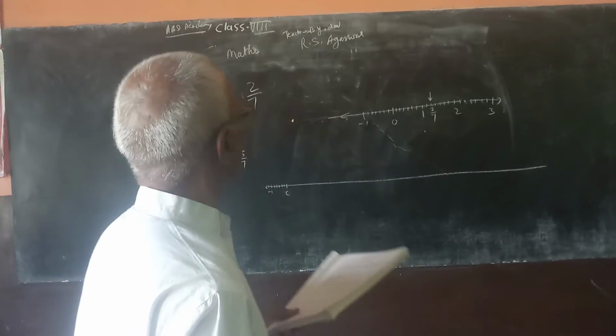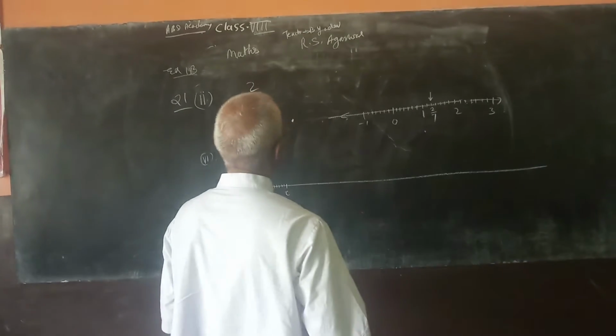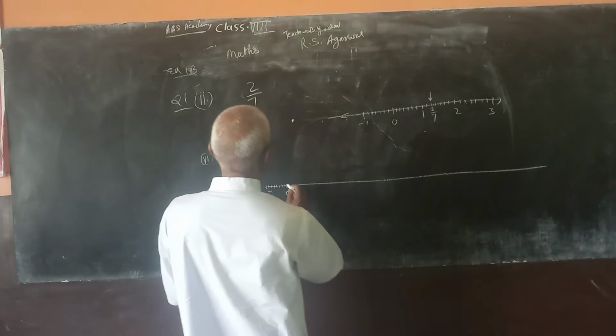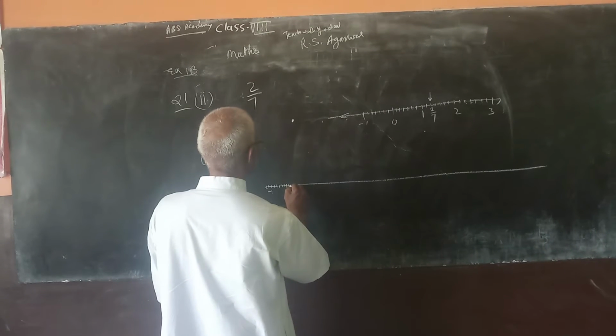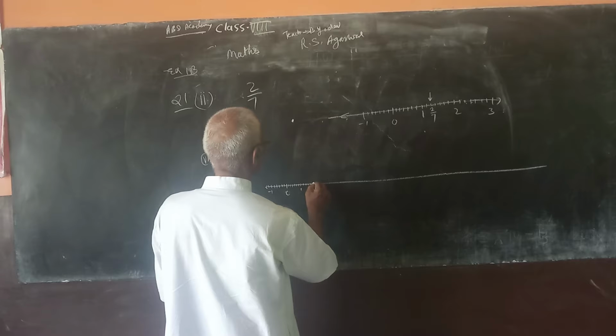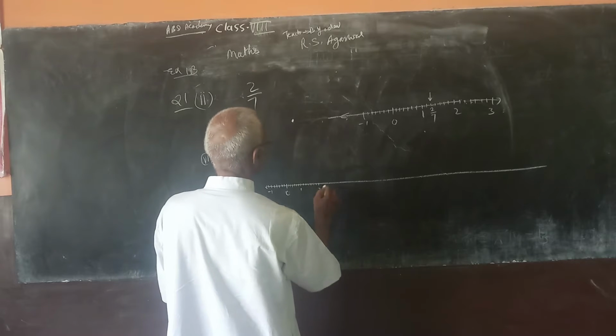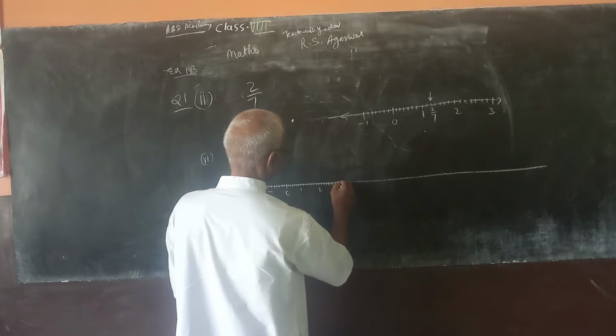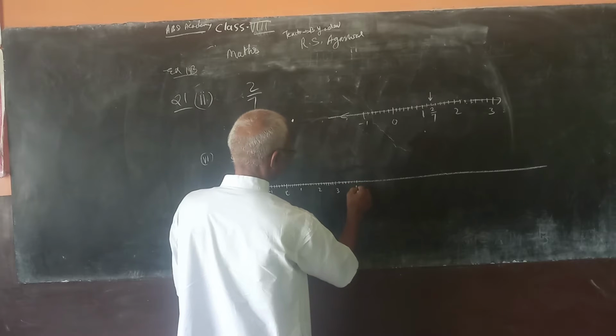If it is 6 in the denominator, then after 6 units 1 will be written, likewise, you know that. So 1, 2, 3, 4, 5, 6, 7, 1. 1, 2, 3, 4, 5, 6, 7, here 2. 1, 2, 3, 4, 5, 6, 7, here 3. 1, 2, 3, 4, 5, 6, 7, here 4.